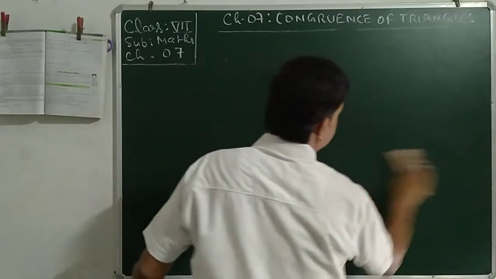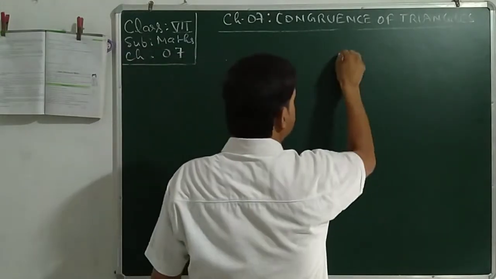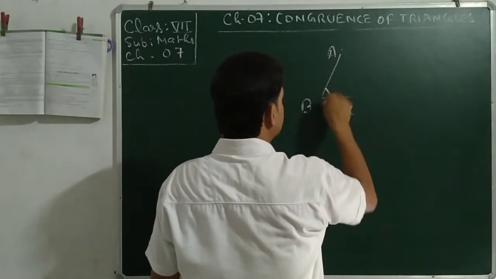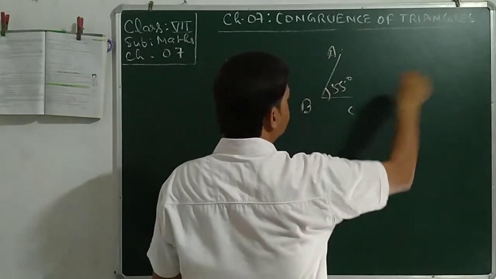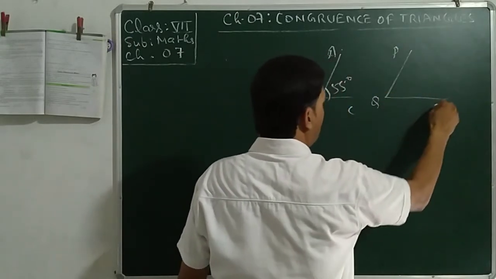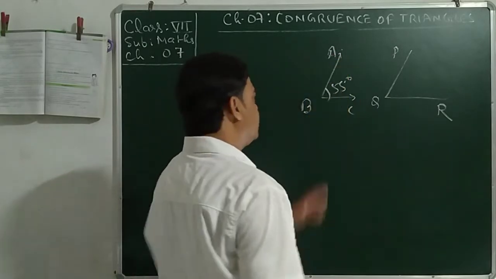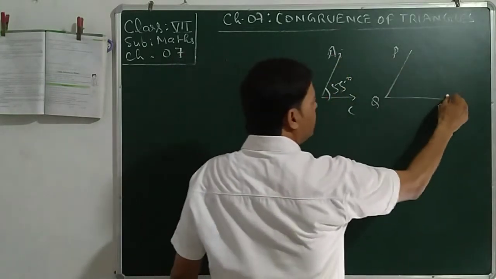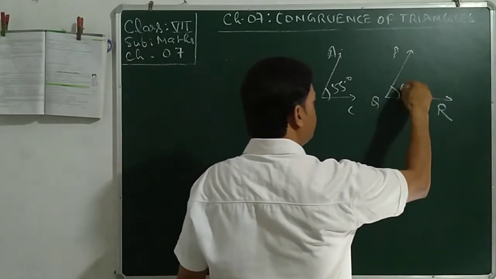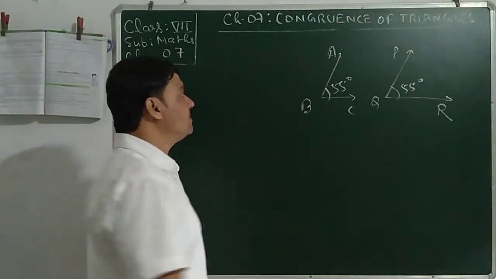Say this is angle ABC. This angle measures 55 degrees, and this angle is PQR. I have drawn this side longer, this side shorter, but the measure of the angle is 55 degrees.